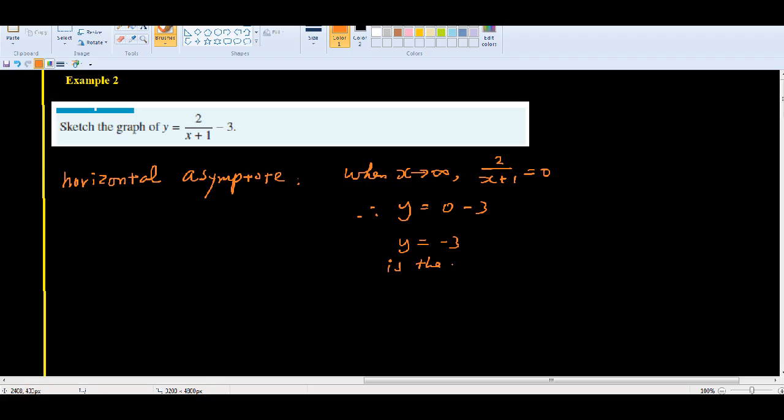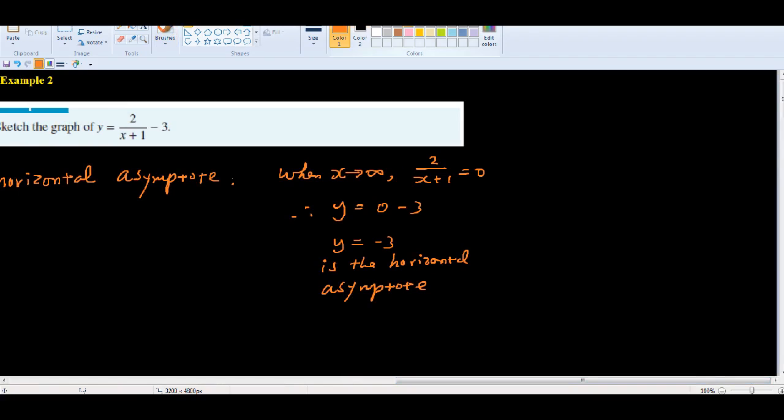That means if I'm going to draw a graph, I need to draw a line which is y equals minus 3.